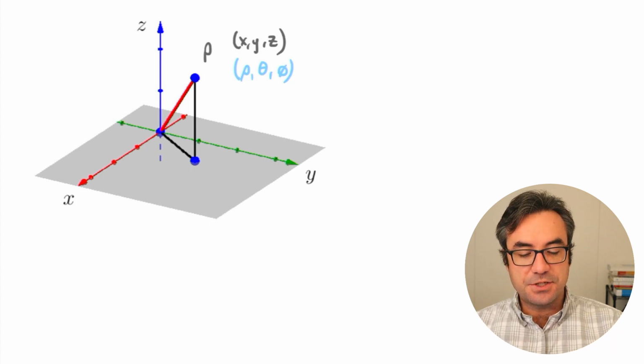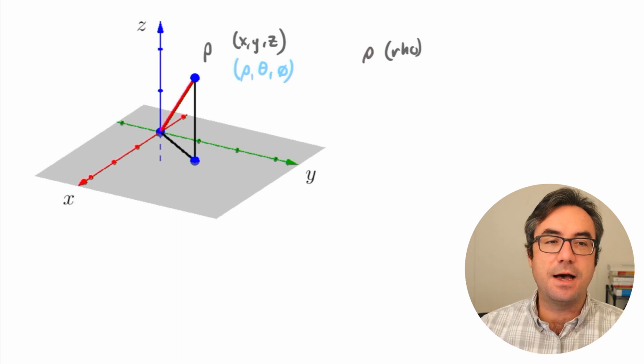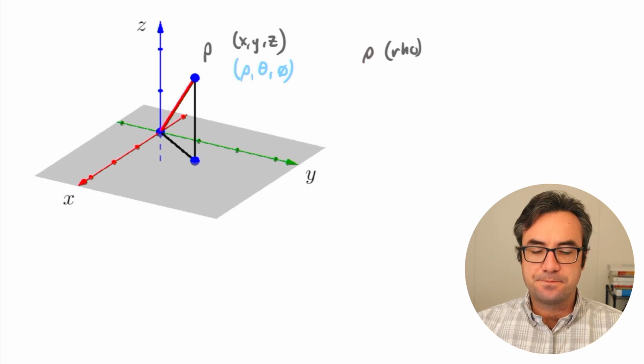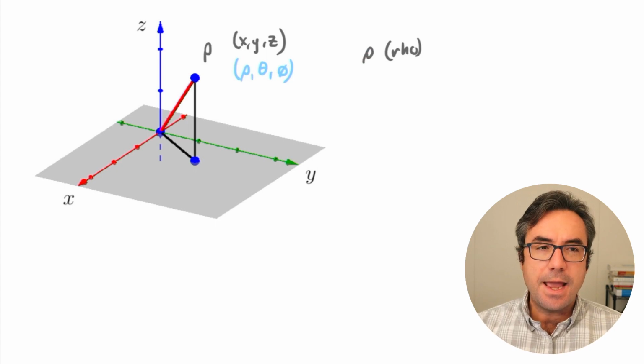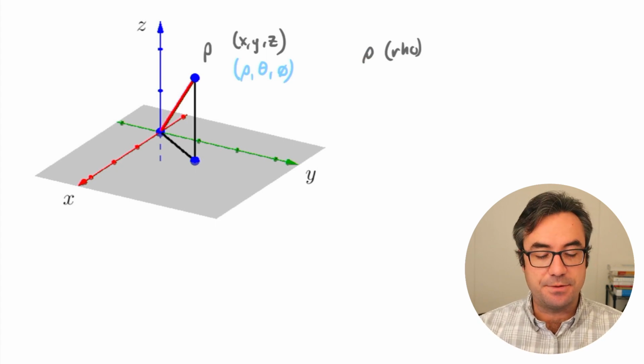All right, so what do these represent? Well, let's start with the first one, rho. The Greek letter rho looks like a fancy little P. This represents the distance between our point and the origin.